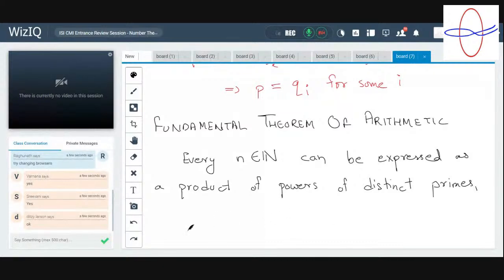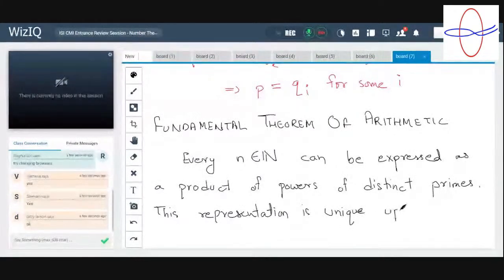And the important thing, so this is all good, the important thing is that this expansion or this representation of n is unique. Of course, you are allowed to write the primes in whichever order you like, in which the factors occur.